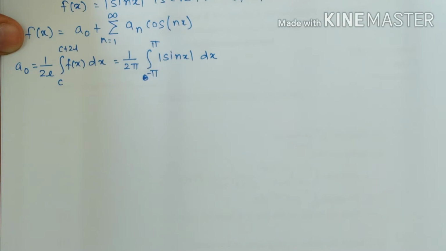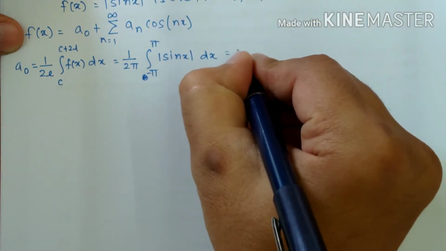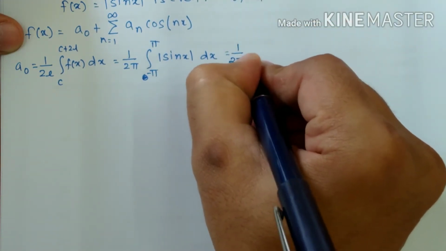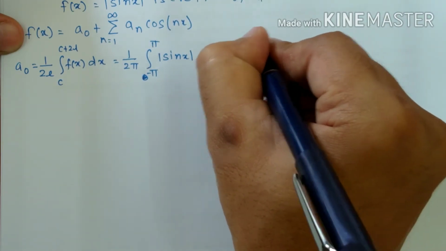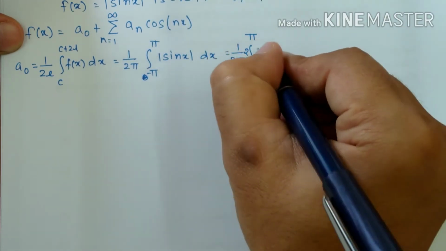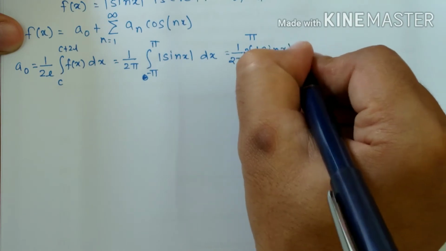Now the question comes, how to evaluate this integral? Since f of x is mod sin x, which is an even function, we apply the property of definite integration. We get 1 upon 2 pi times 2 times integration from 0 to pi, mod of sin x dx.